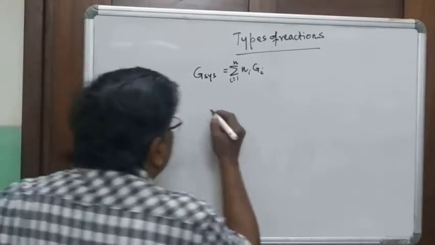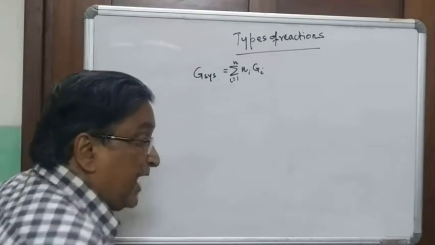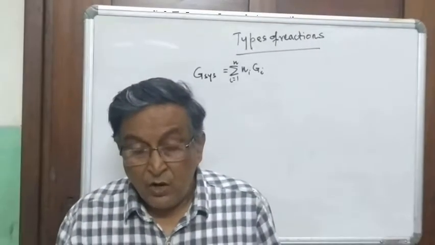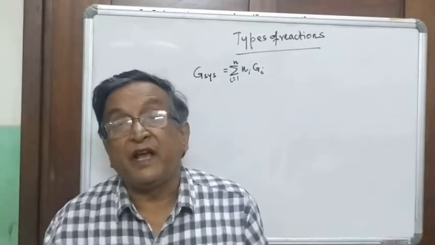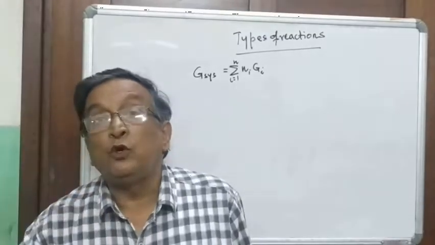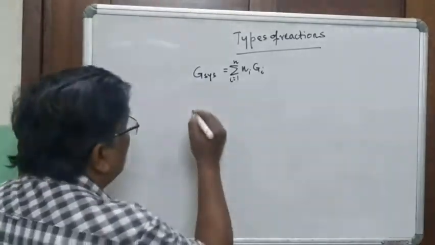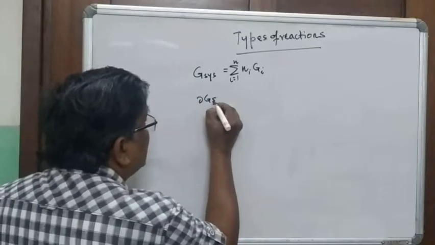So what happens if you have reactions? When does a rock re-equilibrate? When the free energy of the rock becomes a minimum at a particular pressure and temperature condition. So you have what is called del G system.